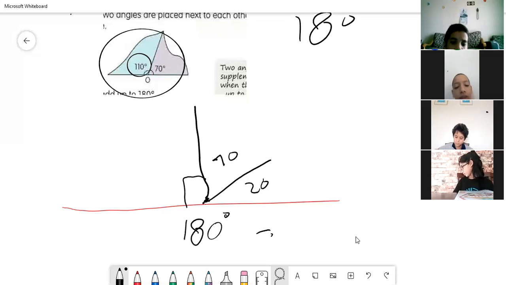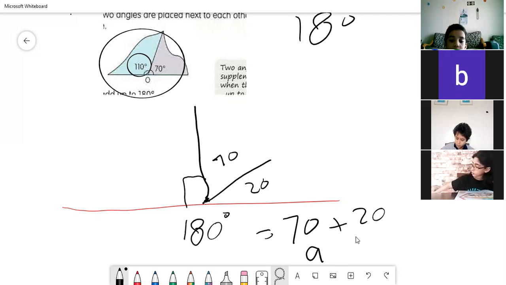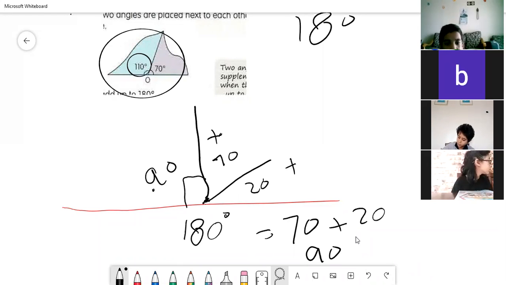Here we have 70 plus 20 equals 90, and then 180 minus 90 equals 90, right? 70 plus 20 plus this angle equals 180.